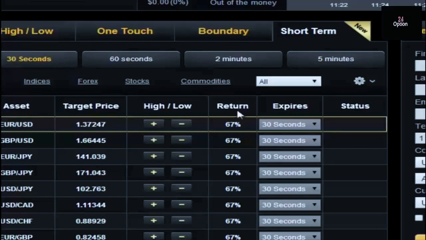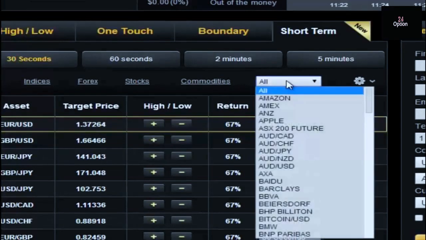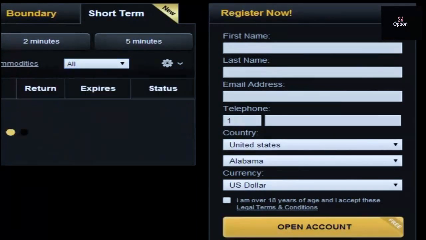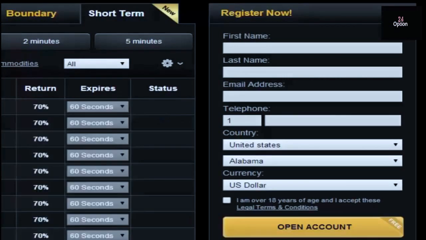As you can see, for 30-second options, the return profile is smaller than what you would normally see. It can range from 60 to 80%. The expiries again are 30 seconds, and again they list all the different assets that you can trade 30-second options for. They offer 60-second options as well.